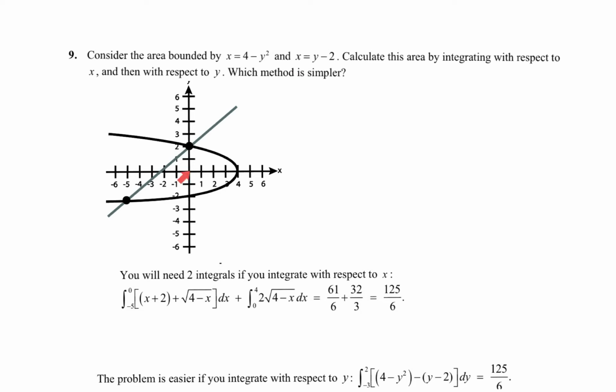So at y equals 0, the line crosses the axis at x equal −2. And this point is when y equal 2. When y equal 2, the x of the parabola is 0, and the x of the rectilinear line is 0.